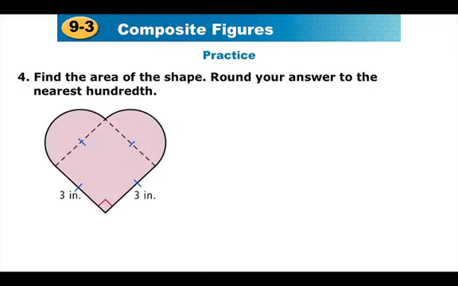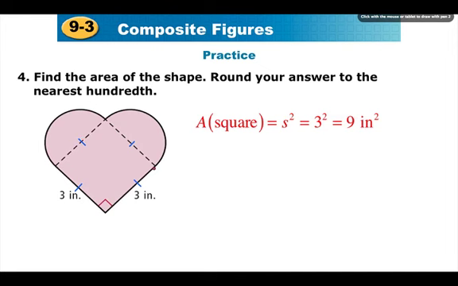Slightly different problem. Let's find the area of the shape. Round your answer to the nearest hundredth. What I'm going to do is break this up. This is what we call a composite figure. First, I'm going to find the area of the square, which is this. So I get 9. Then I'm going to put these 2 shapes together, and it actually makes a circle. So then I find the area of the circle.